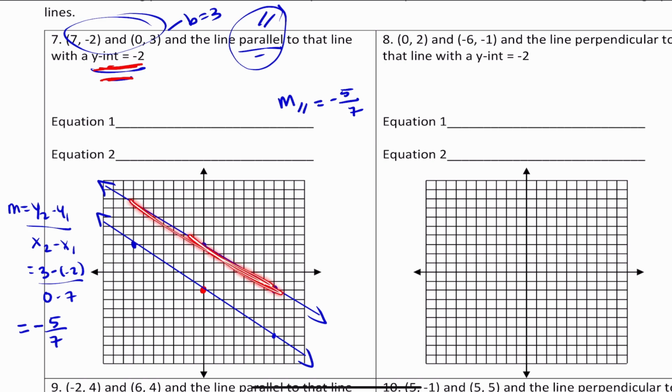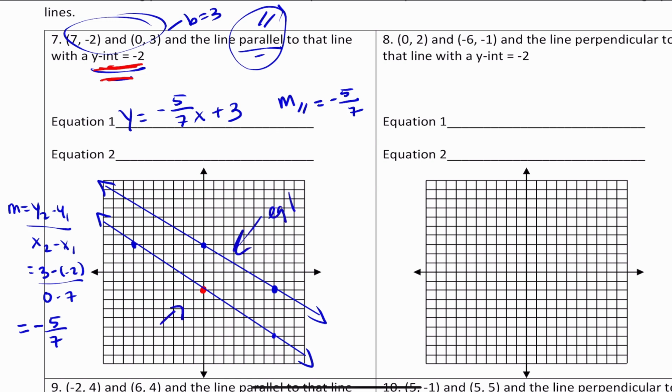This line is associated with this particular information. We know what b is equal to, and we already figured out the slope, so I can put it all together: y equals negative 5 over 7x plus 3. This is equation 1.